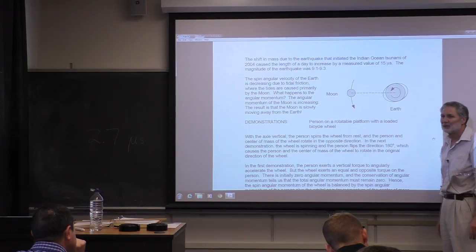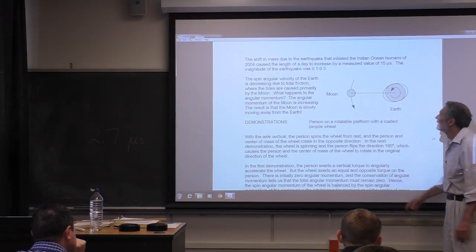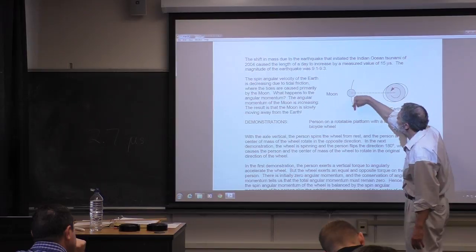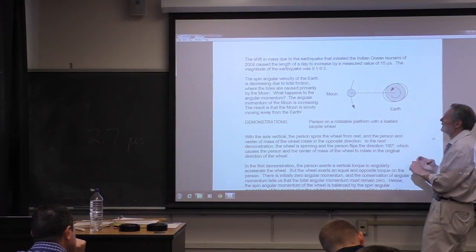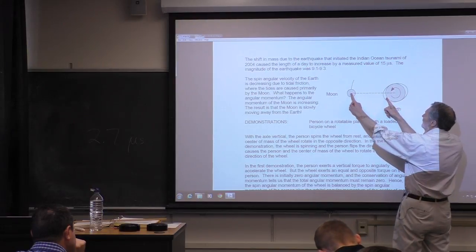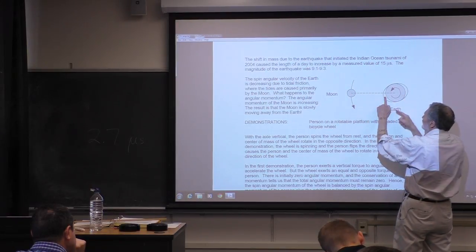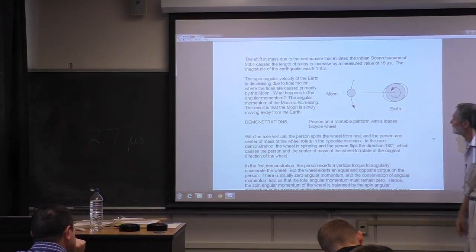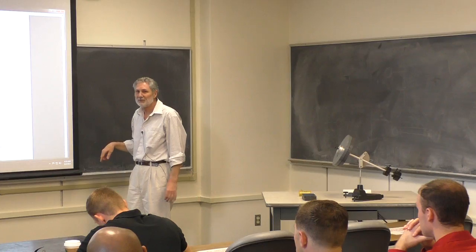That's going to exert a torque on the moon because of the gravitational effect. This exerts a torque, this exerts a torque. This is closer than this, so this torque wins out. And it causes the moon to move a little faster, and it increases the moon's angular momentum.